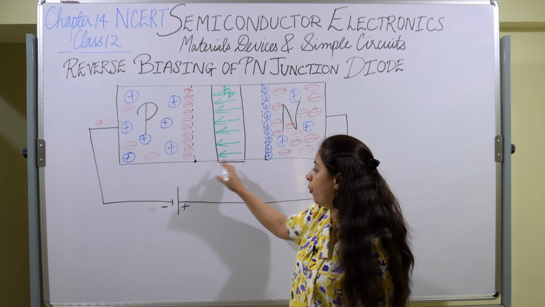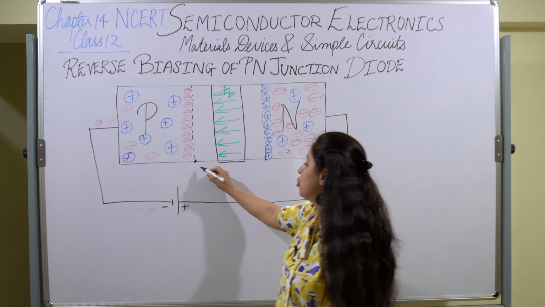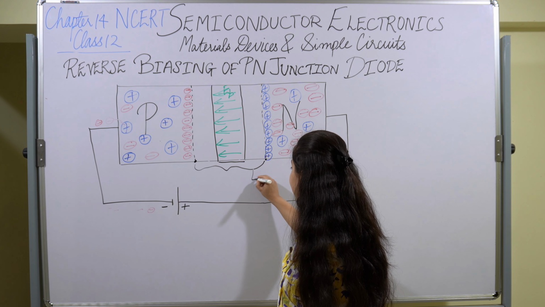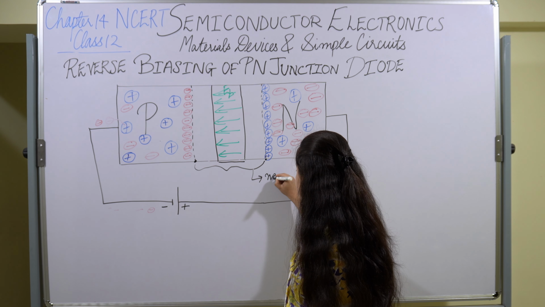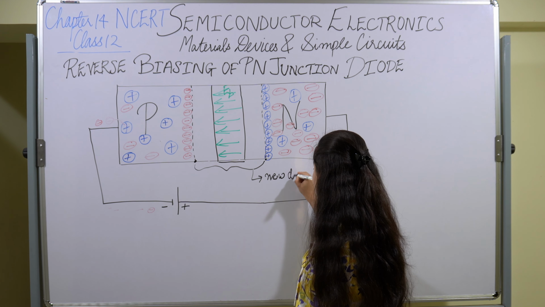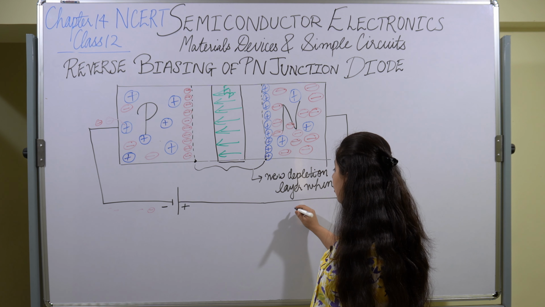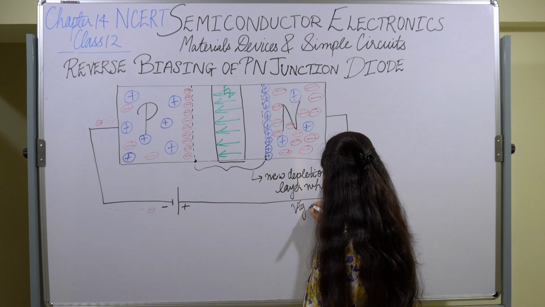So this dotted line is the new depletion layer formed when voltage is applied.